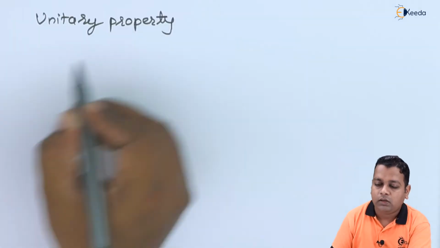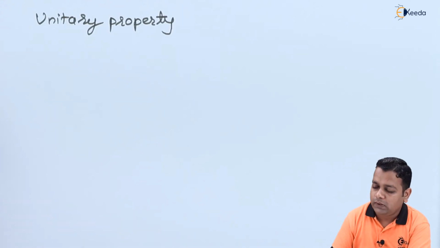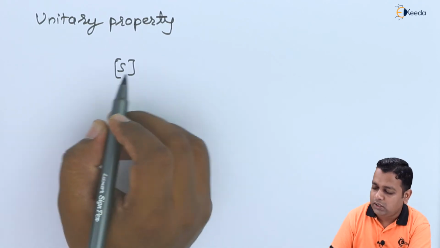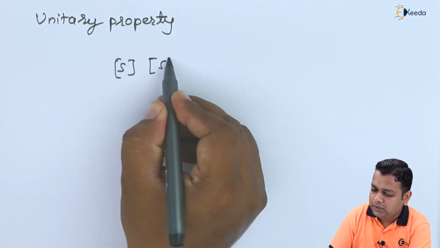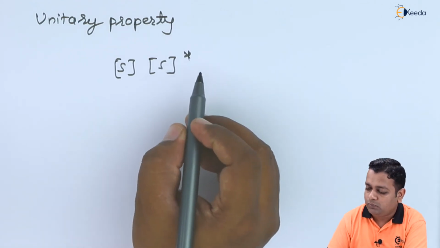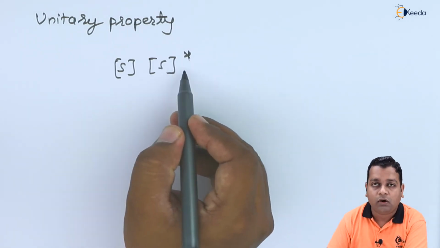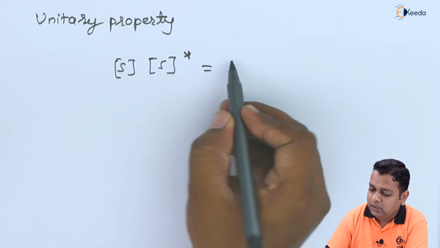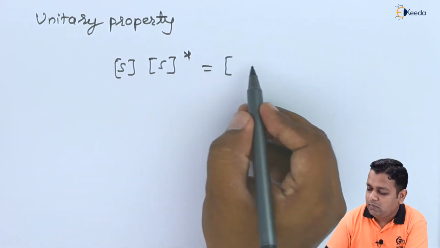Now let us make use of the unitary property. According to the unitary property, when we have the scattering matrix S multiplied by its complex conjugate, for which we put an asterisk over the scattering matrix, the multiplication of the two matrices produces the identity matrix.